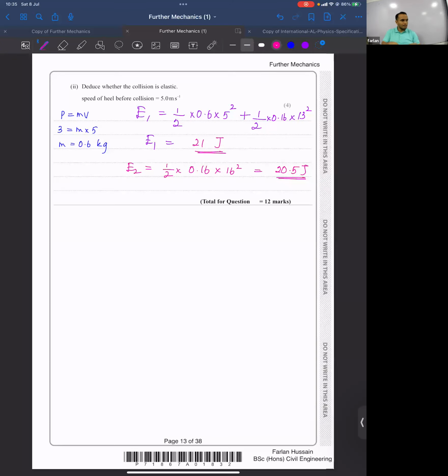Guys, you can scan the barcode at the bottom of the page. It will tell you which paper this question is from.